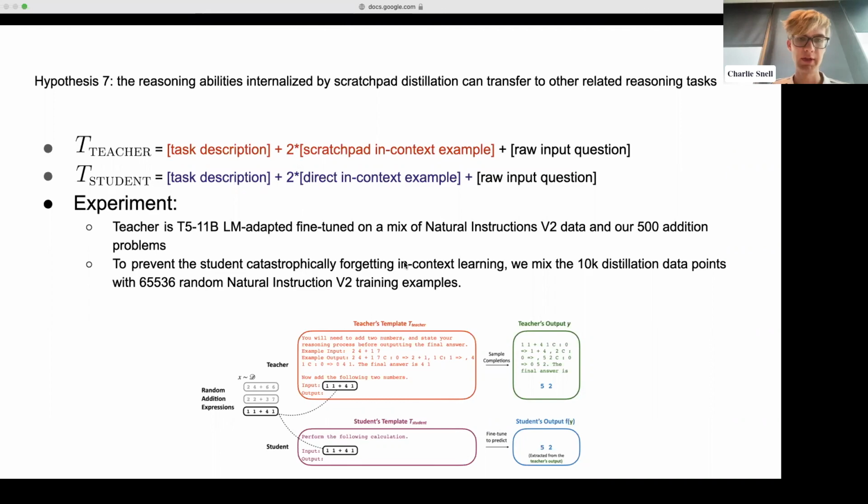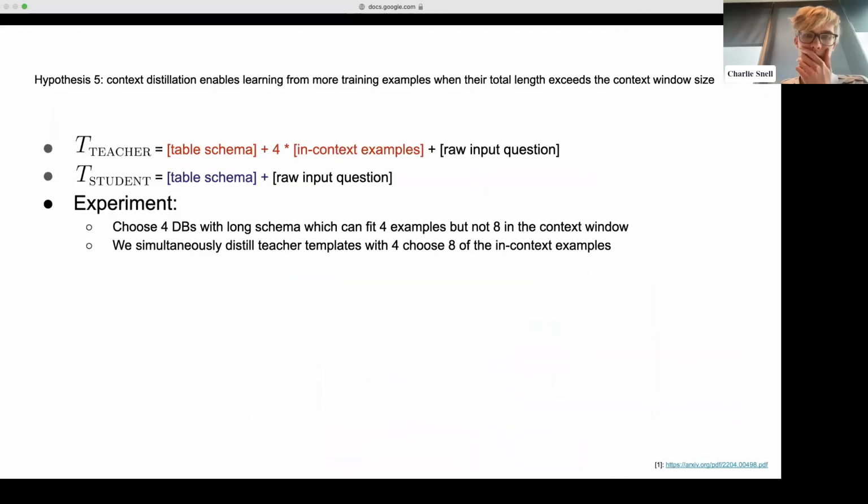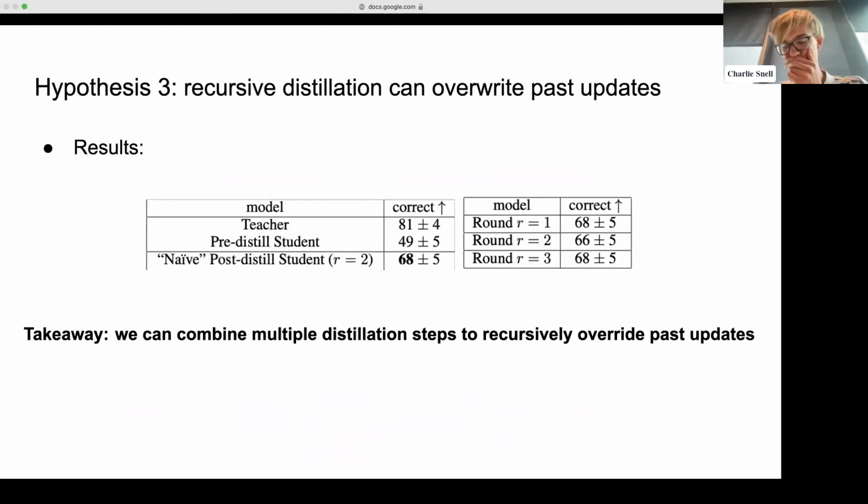So what I will say is, when you do the recursive distillation, you're training the student to respond to a simpler prompt than what the teacher originally took. And so there's some risk that the student will catastrophically forget how to respond to different prompts.